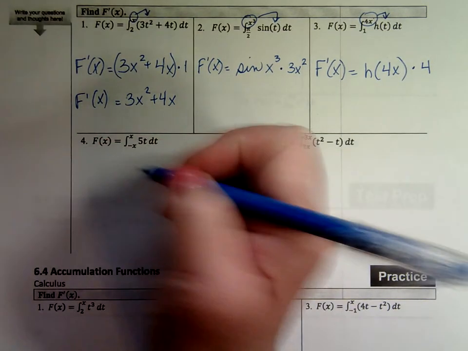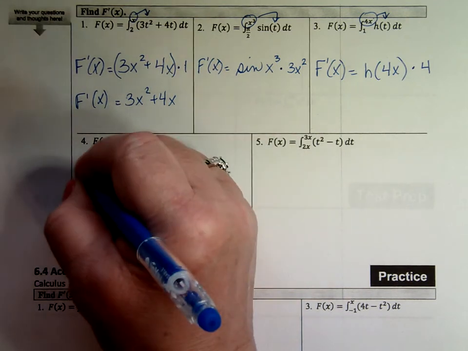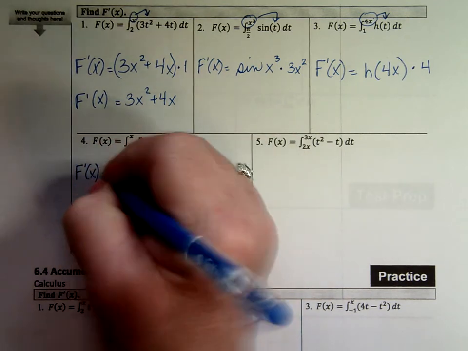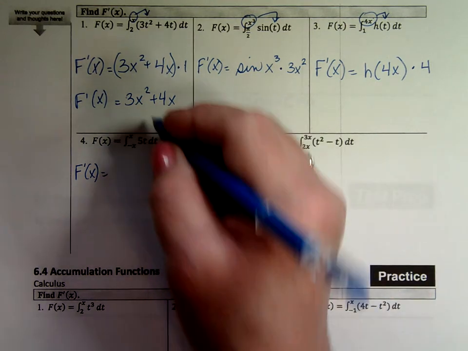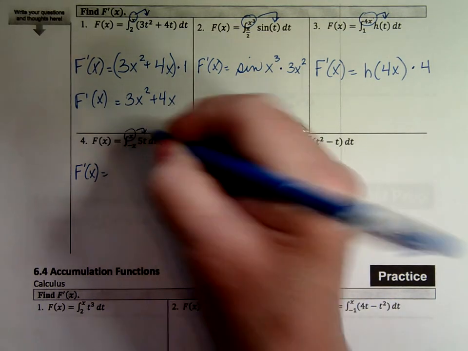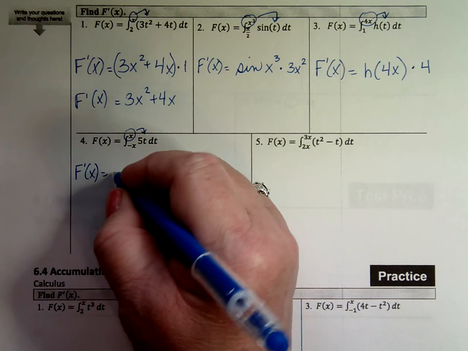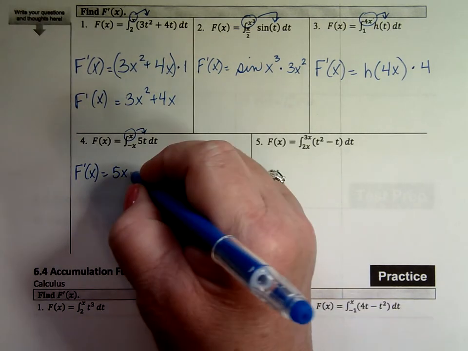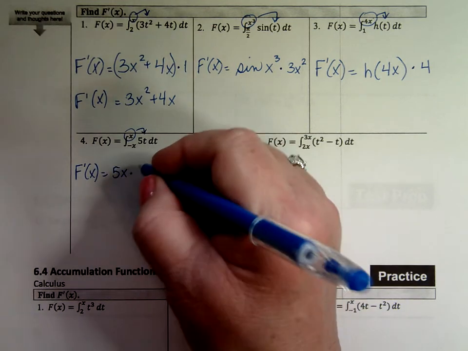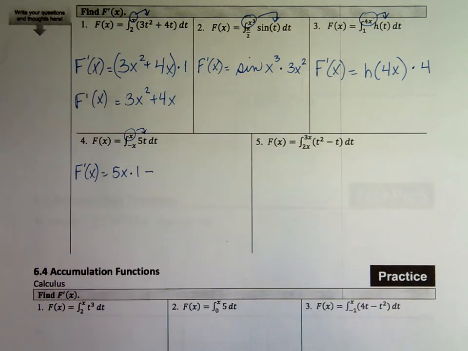So this one is f prime of x. Start with the top. So I have 5x. Remember, this goes in. I have 5x now instead of 5t times the derivative of the top, which is a 1, minus.